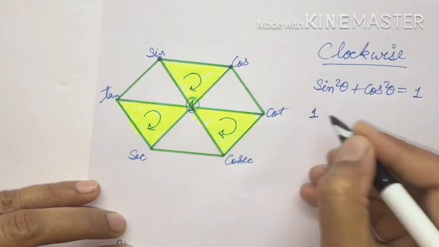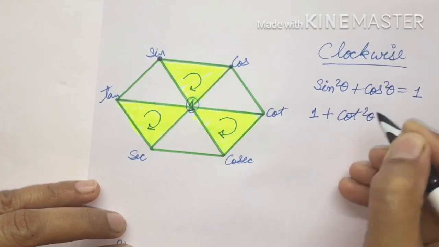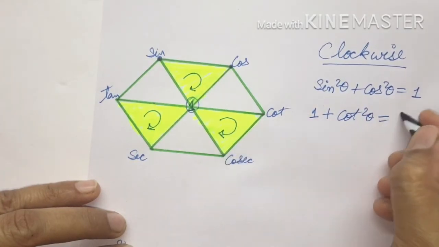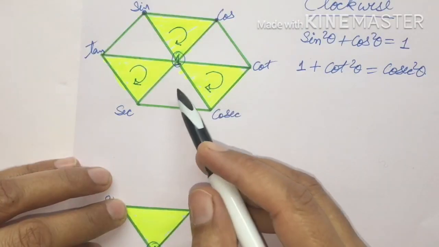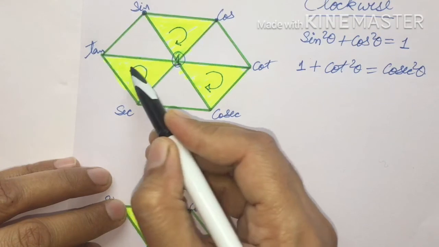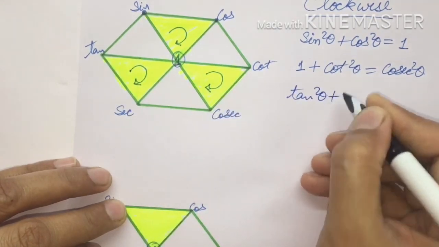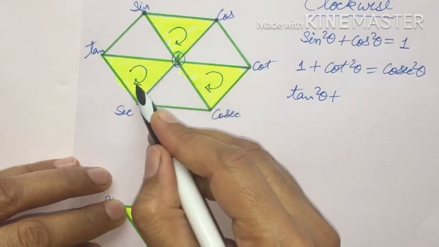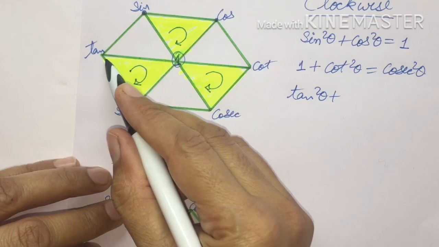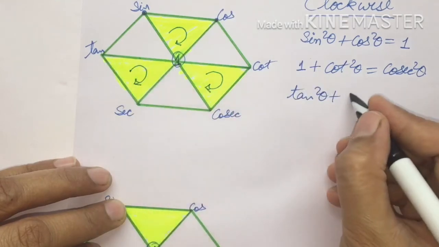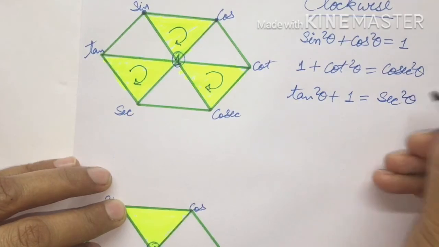So first we take 1 plus cot square theta is equal to cosecant square theta. Next, in the third triangle, the arrow starts from tan, so we write tan square theta plus 1: tan, 1, secant, these three. So tan square theta plus 1 is equal to secant square theta.